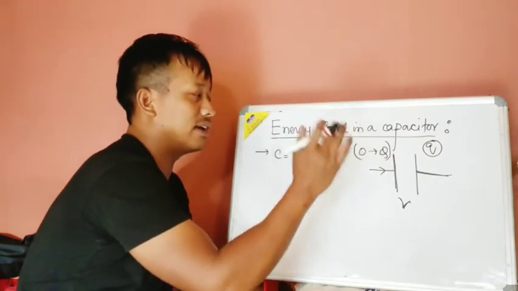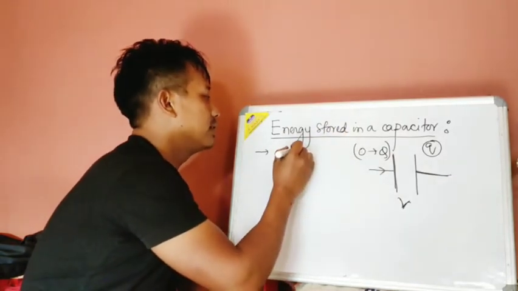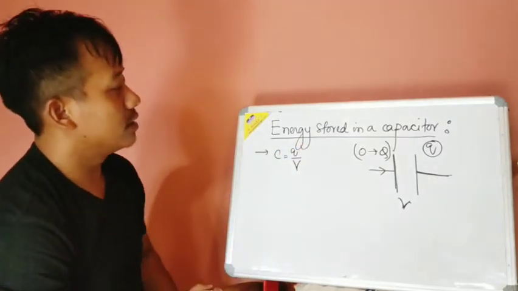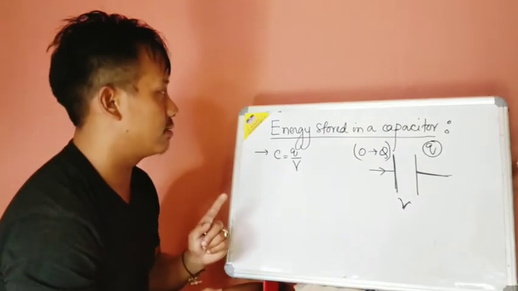At any value, C will be charge q divided by potential V. So this is from the definition of capacitance.